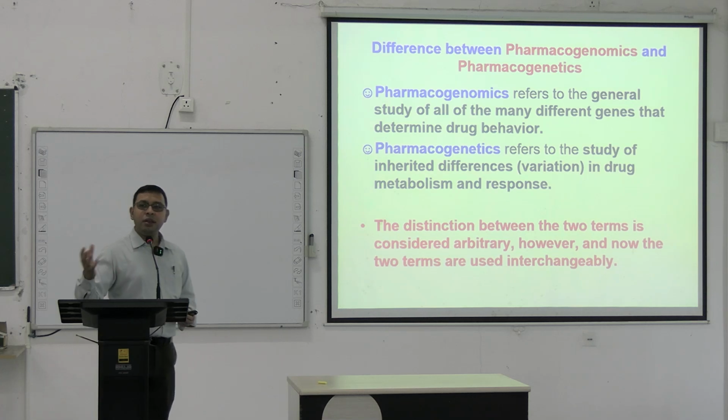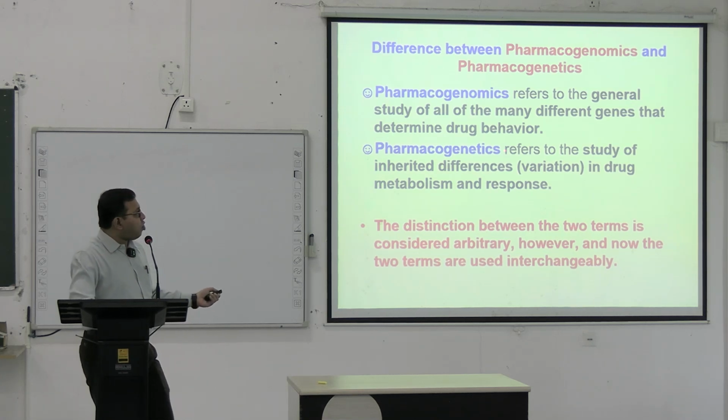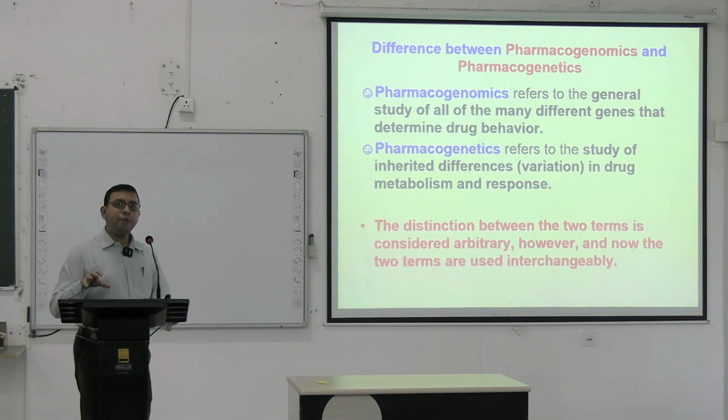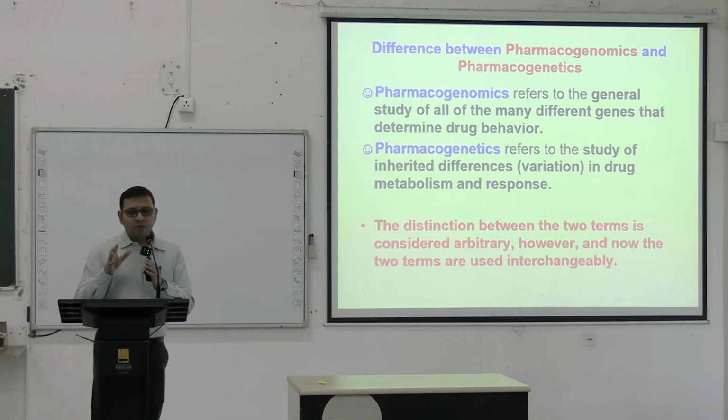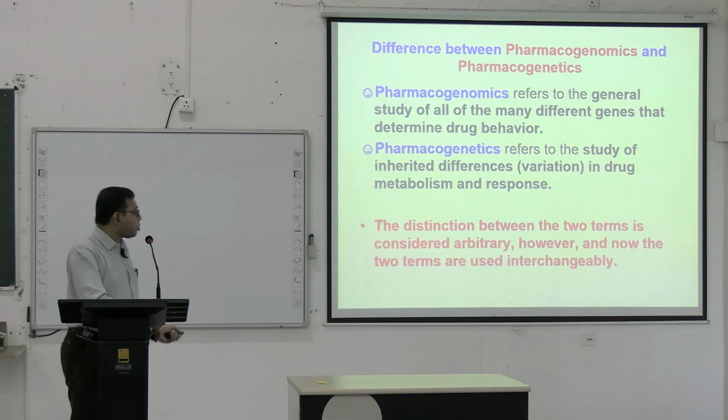In some cases these two can be used interchangeably. So basically pharmacogenetics refers to the study of inherited differences or variations in drug metabolism and response. Only the drug metabolism and response, and whether there is any change from one individual to another, is usually measured under pharmacogenetics. Pharmacogenetics is a part of the broader heading pharmacogenomics.